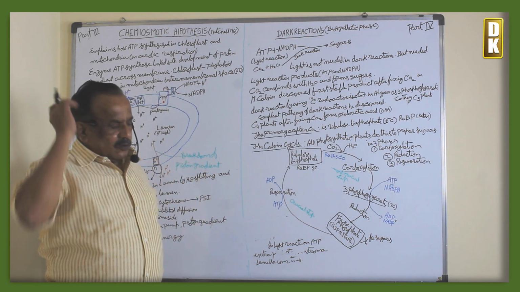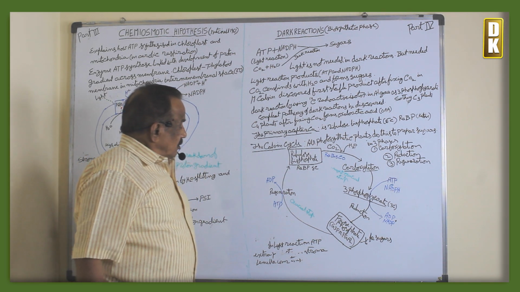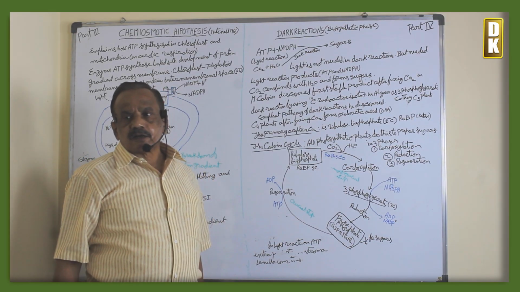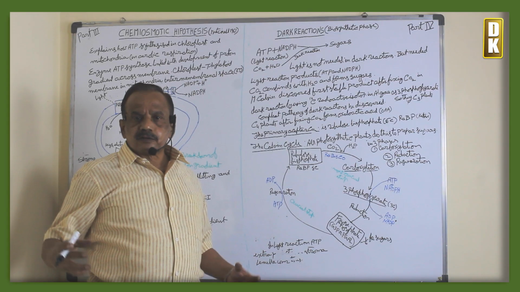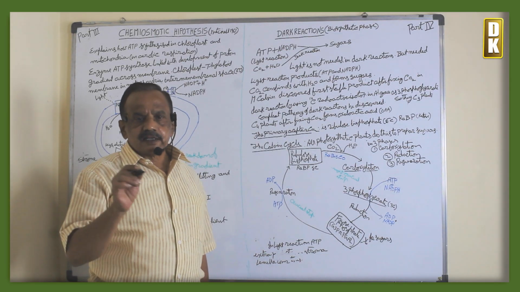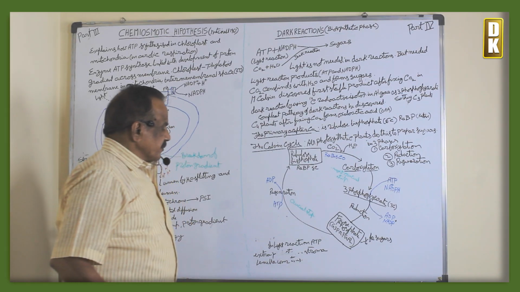Remember it. Why is it taking one more ATP for the regeneration? Because the 2 carbon and 3 carbon compounds will be mixed together in an anabolic reaction, so it requires energy.